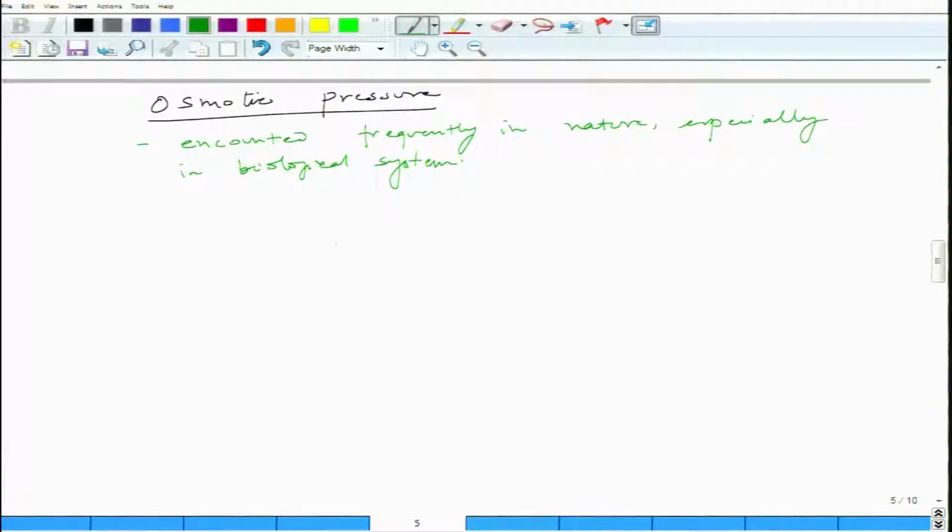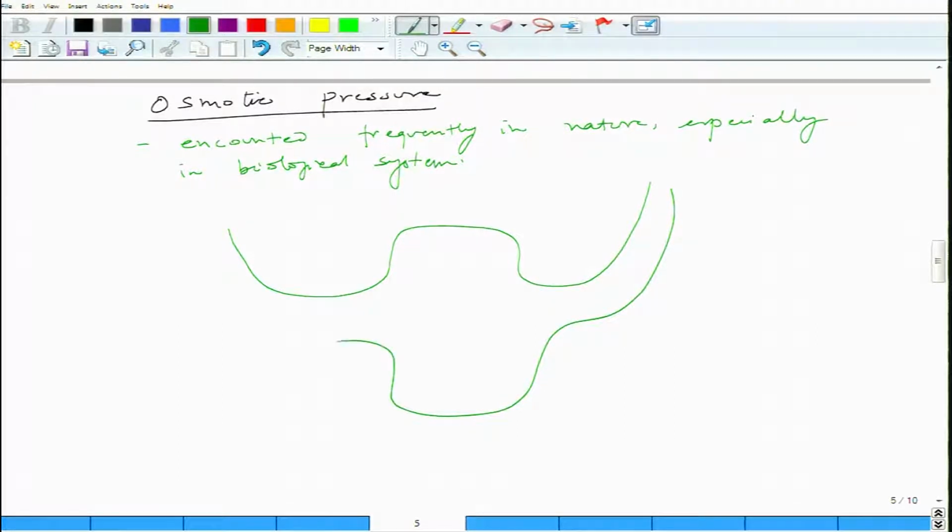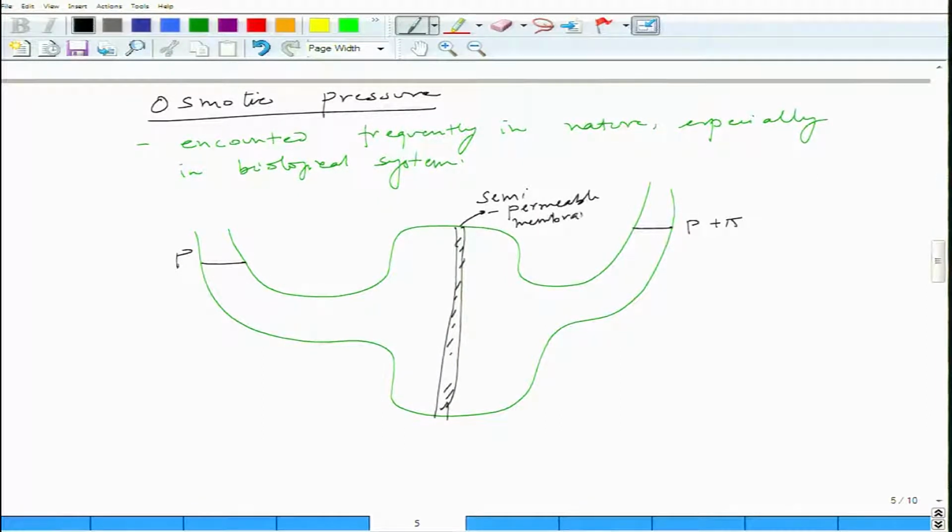So, let us consider a system, something like this, where you have this at pressure P, this is at pressure P plus pi, and this vessel, this could be a biological system, is separated by a semipermeable membrane which allows only solvent to pass through but does not allow the solute.